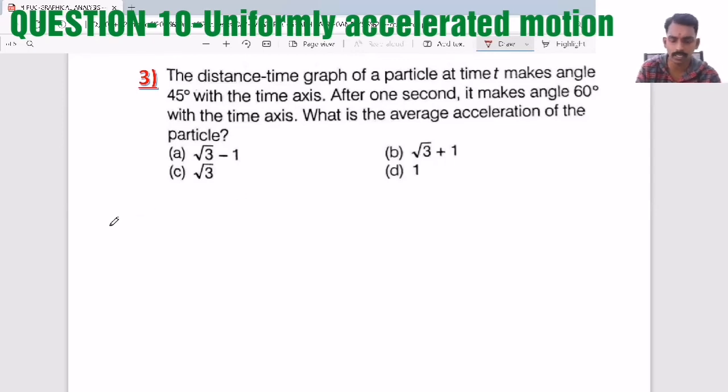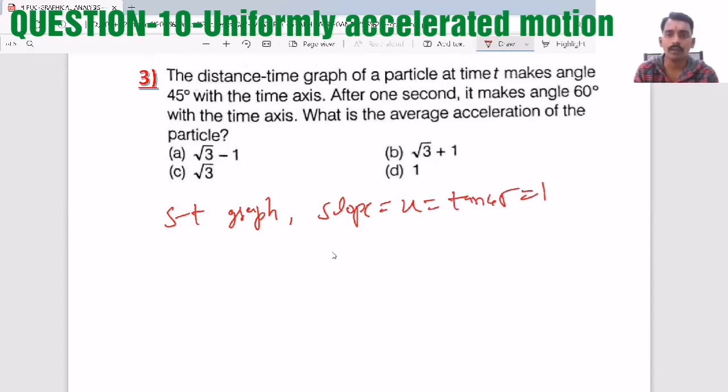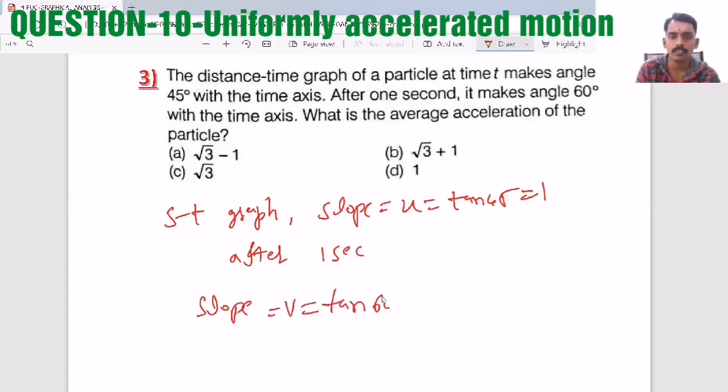So here the S-t graph slope equals velocity. What is the slope? Tan theta, tan 45, how much? 1. After 1 second, it makes an angle of 60 degrees with the time axis. That means after 1 second the slope, which is the final velocity, became tan 60, that is root 3.